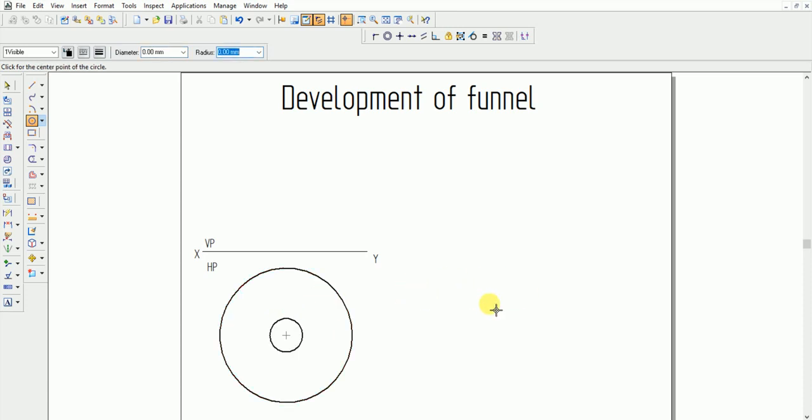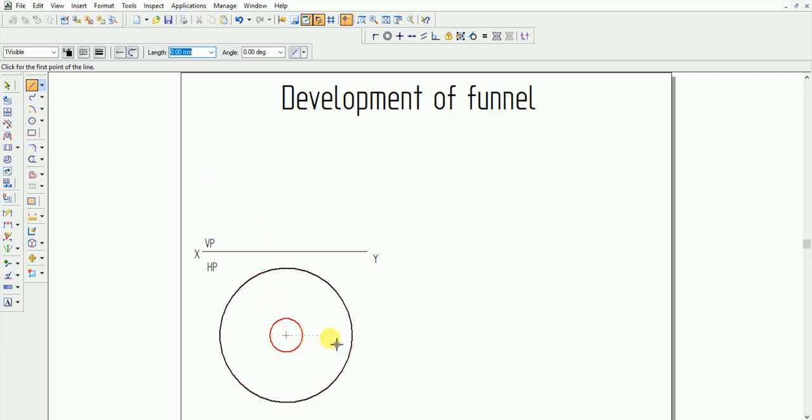Once we are done with it, now let us start with the drawing of the vertical projection of the funnel. The funnel is having the cylinder at the bottom, which has got the height of 30 mm, and the overall height would be 90 mm. That is, the height of the frustum of the cone should be 60 mm.